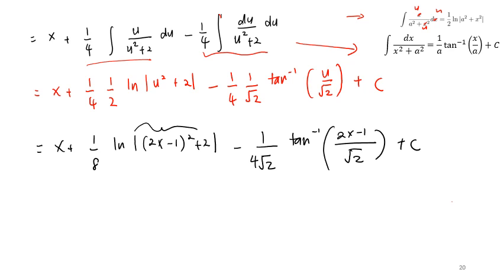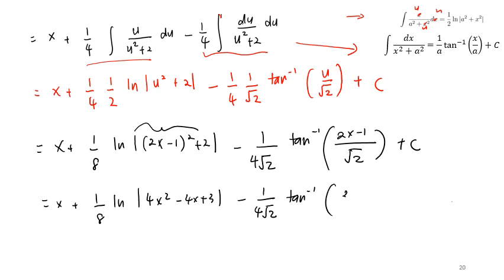And this term here is actually the denominator, so you can just put x plus 1 over 8 ln of 4x squared minus 4x plus 3, minus 1 over 4 root 2 arctangent of 2x minus 1 over root 2, plus c.